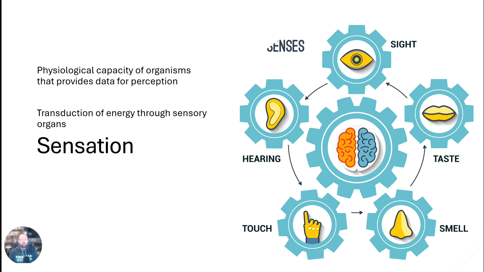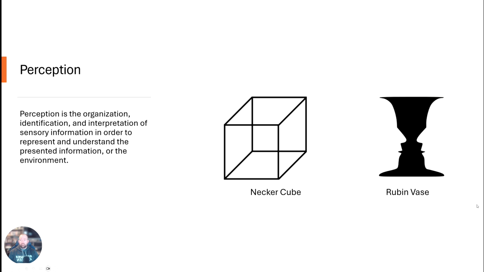It gets passed to our perception. It can also be considered transduction of energy through our sensory organs. The energy that our eyes transduce is light energy. Our hearing transduces sound waves, and so on. So that is what we mean by sensation: just the rawest form, where your body is collecting data and passing it upstream.